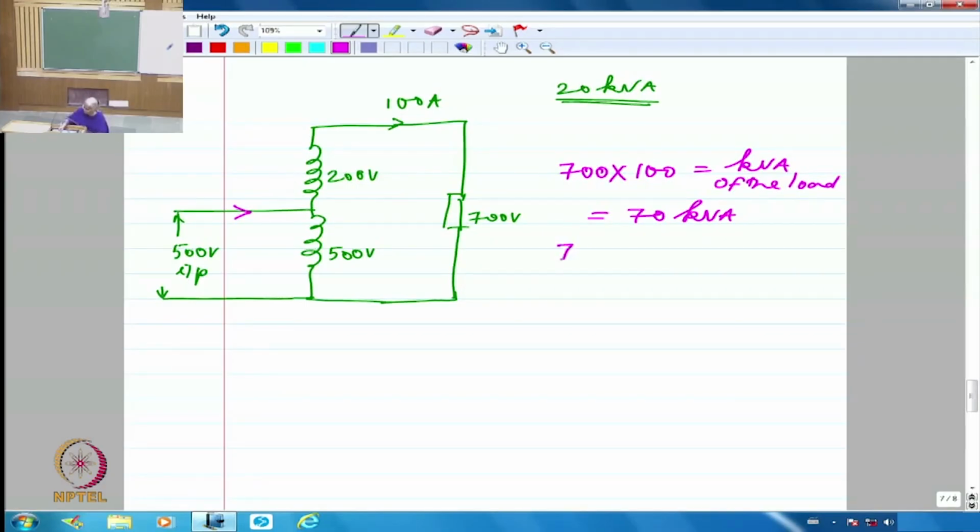Okay, so this is 70 into 10 power 3 divided by 500, right? 14, how much? 14 5s are 70. 140? 1400 or 140? 140. So this is going to be 140 amperes. So if this is 140, that means this also has to be 140.